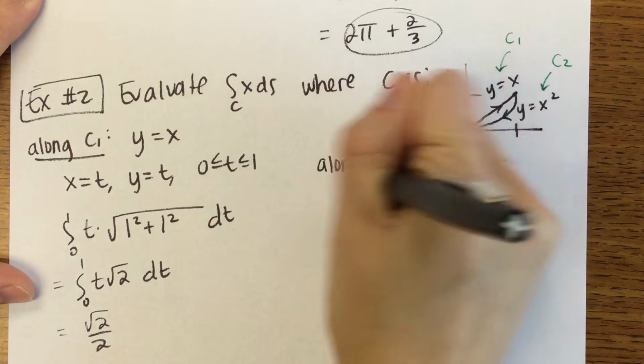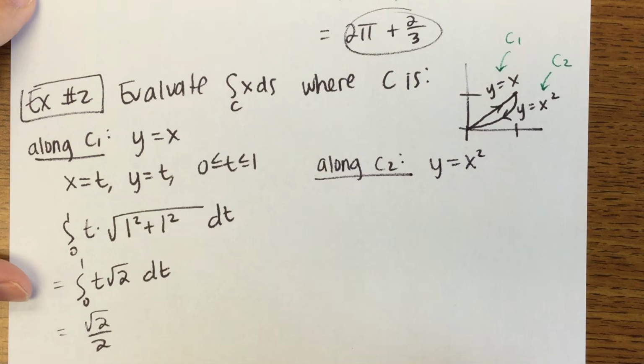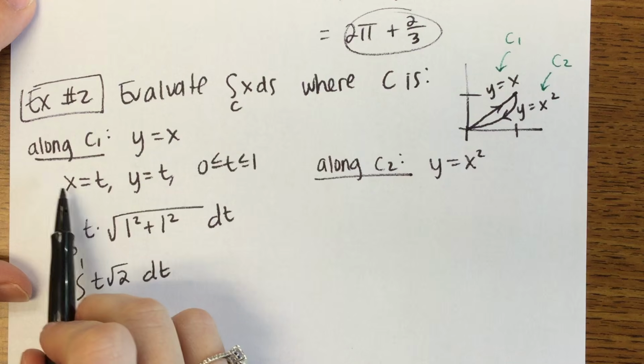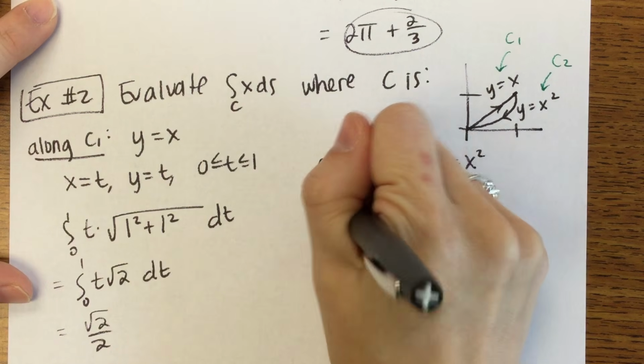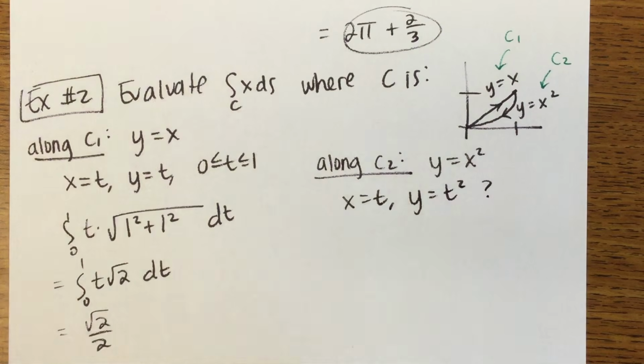Now we have to look along C2. So that is our y equals x squared. If we try the same method of parametrizing as we did before, and we choose x to be t and y to be equal to t squared, is that going to work?